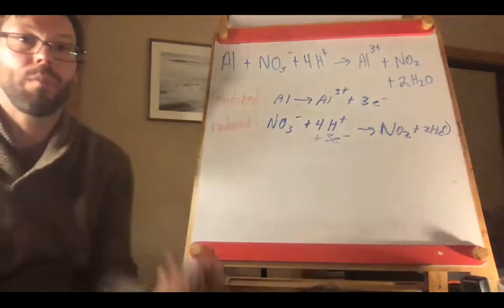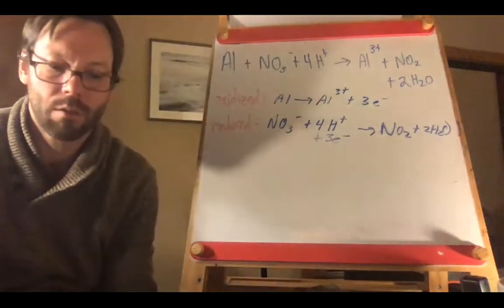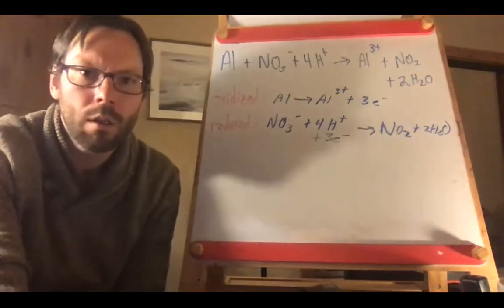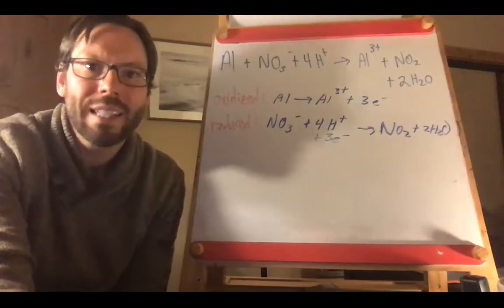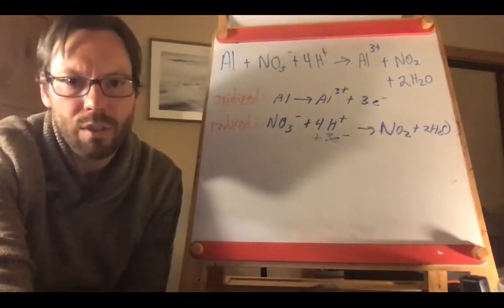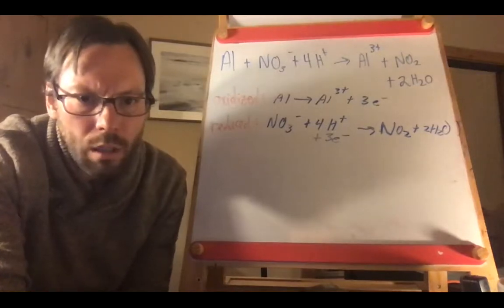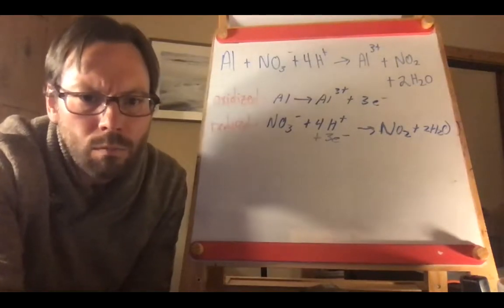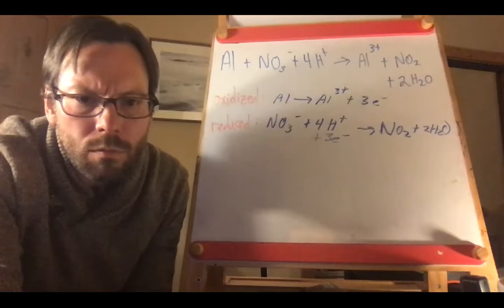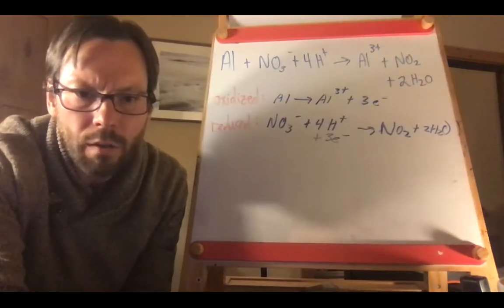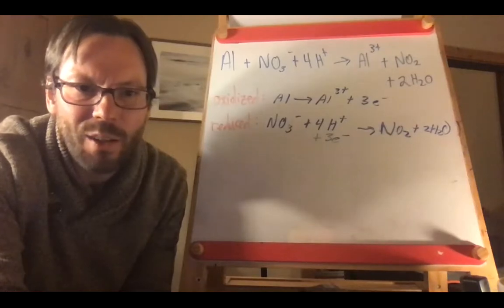Now we have to look up these values for these reactions, okay? So let's go. Here's OpenStax, and here's table 16.2. I'm looking for aluminum. I probably need to share my screen, don't I? There we go.